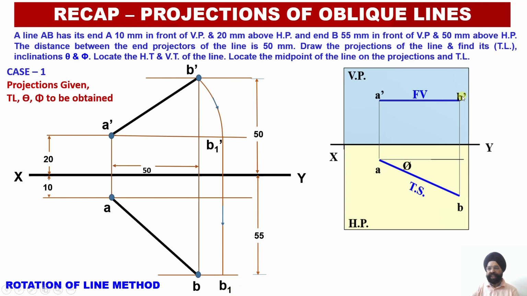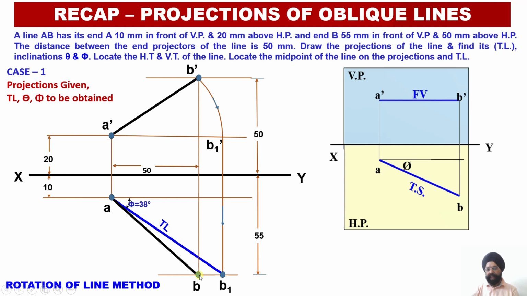If this is B dash, this will be B; if this point is B1 dash, I am going to get B1 over here. So this is going to give me my true length. I mark this point and then join AB1, and this AB1 will be my true length of the line. And once I get AB1, I can mark the angle phi over here, that is the angle of inclination of this true length with the vertical plane.